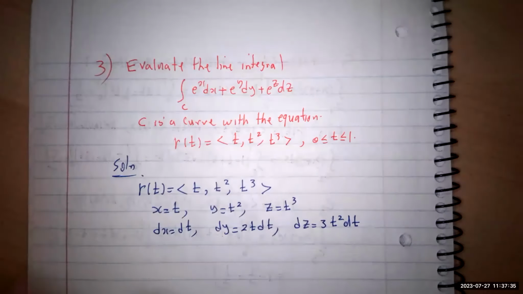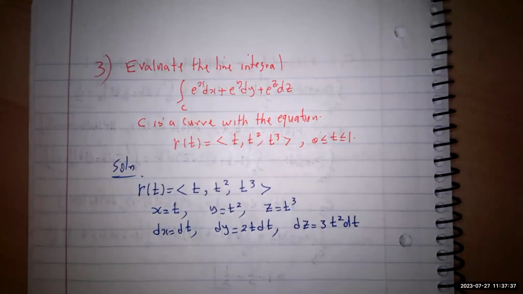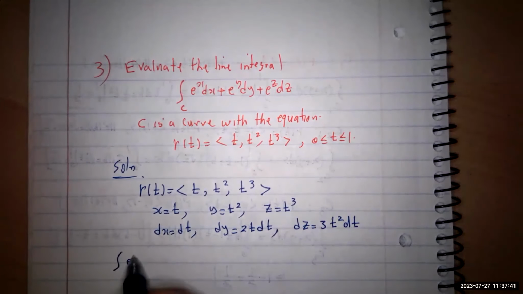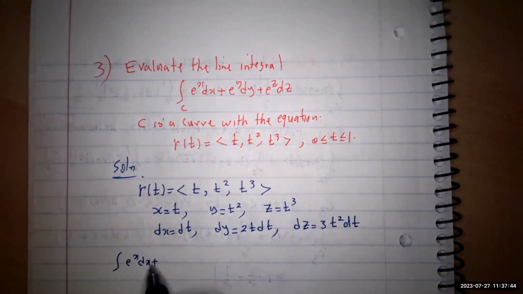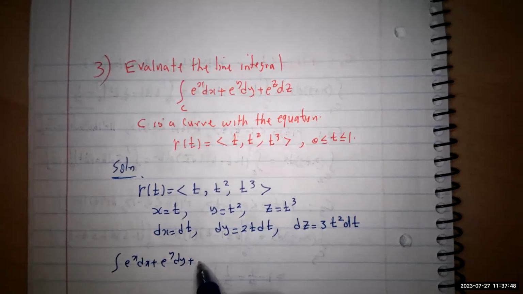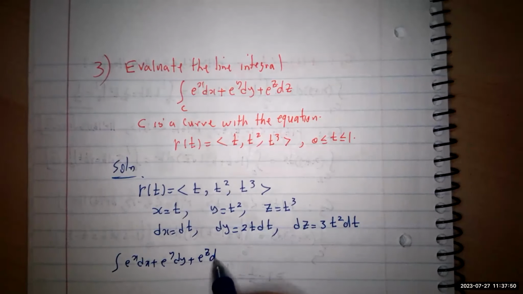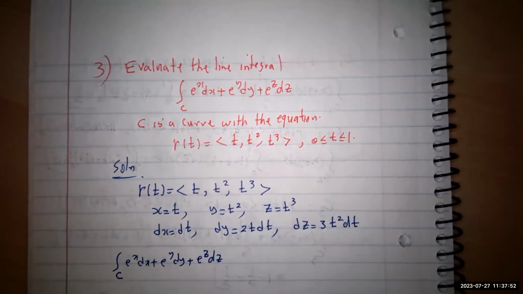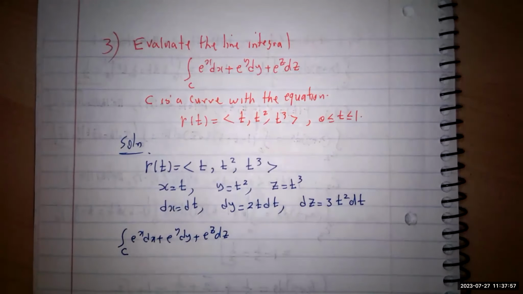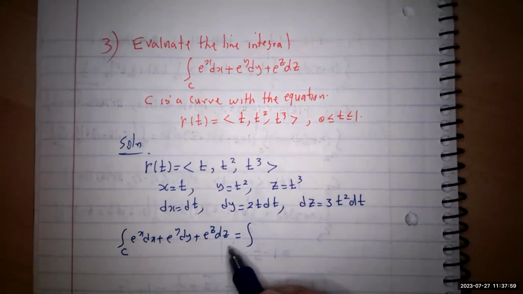Go back and directly substitute here. The given integral is e to the x dx plus e to the y dy plus e to the z dz over C. Substituting, it is going to be equal to e to the x.